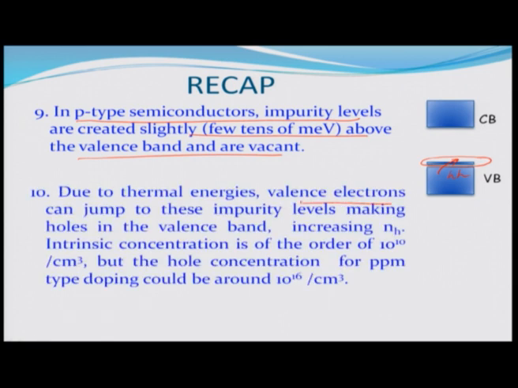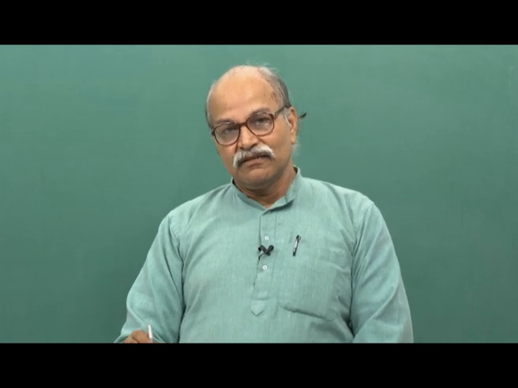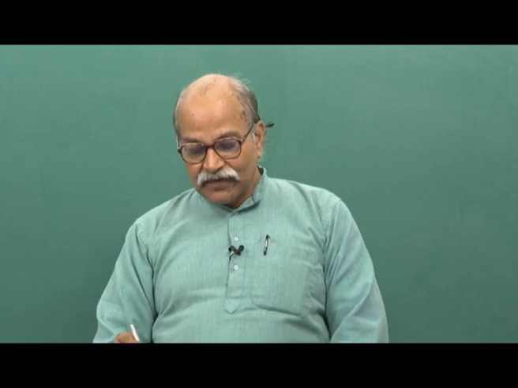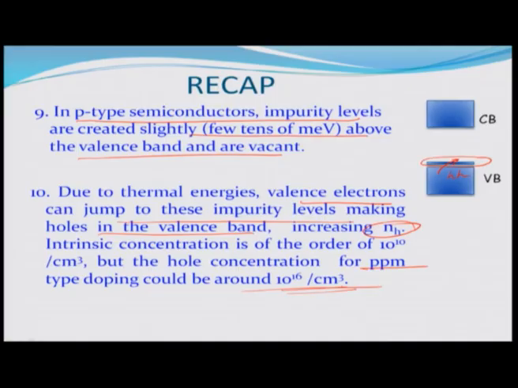So, valence electrons can jump to these impurity levels, making holes in the valence band, and that increases NH. Once again, by putting these impurities, this hole concentration can be made much larger. Say for ppm type of doping, it will be around 10 power 16 per centimeter cube, whereas intrinsic concentration is around 10 power 10 per centimeter cube.